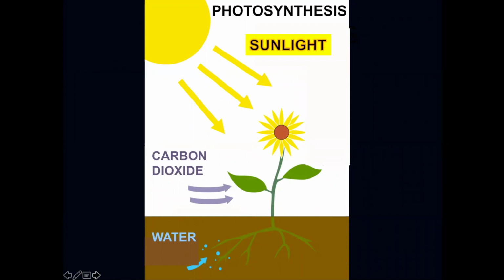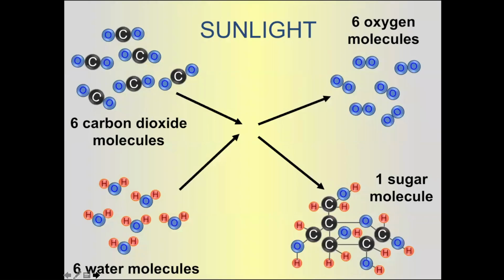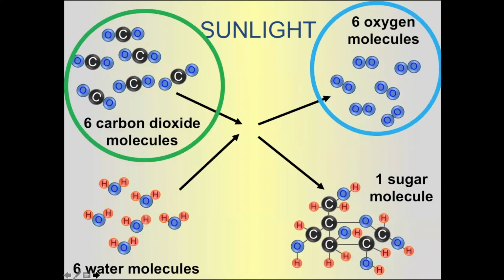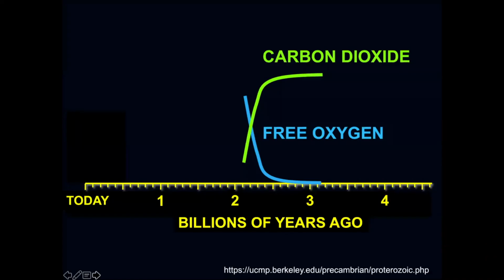Photosynthesis is a process that takes carbon dioxide and water, and using the energy of sunlight, creates a sugar molecule, essentially food, and oxygen. And so we take 6 carbon dioxide molecules in, and we release 6 oxygen molecules.